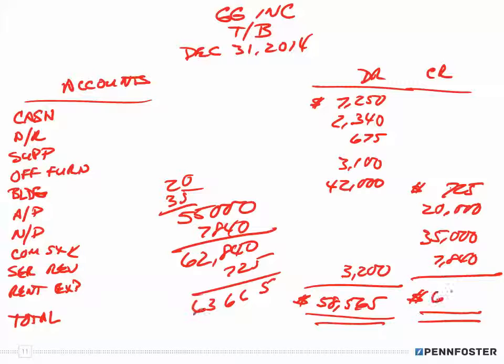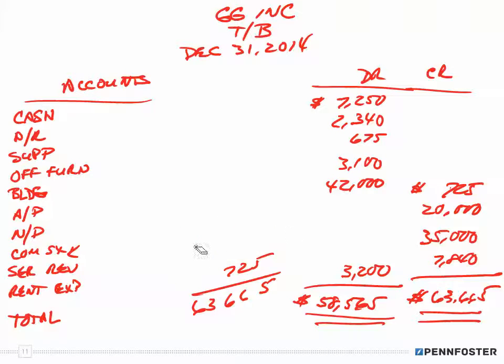So I would have ended up with 63,665. And I know obviously that's not right because my debits don't equal my credits. Debits have to equal credits, and because they're not, I've made a mistake somewhere.